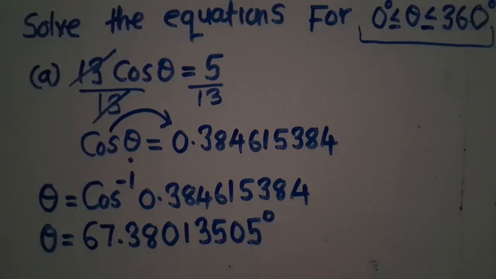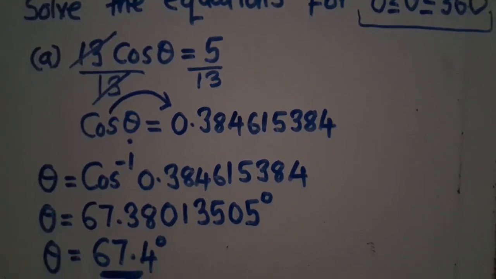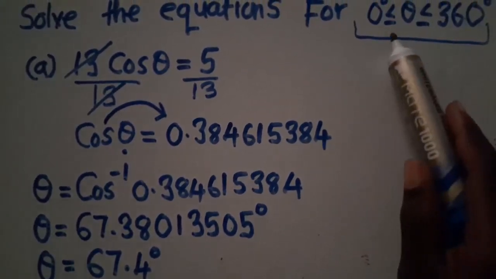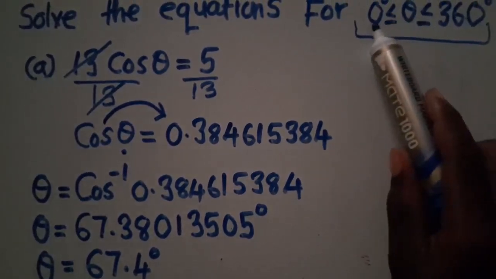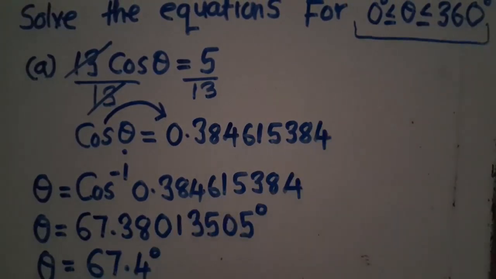These are degrees, so I can now conclude and say theta is equal to 67.4 degrees, to 1 decimal place. This is the first answer that I found. When you look at the scale which you are given, we are told that theta is between 0 degrees and 360.